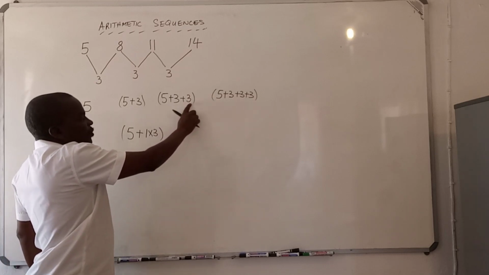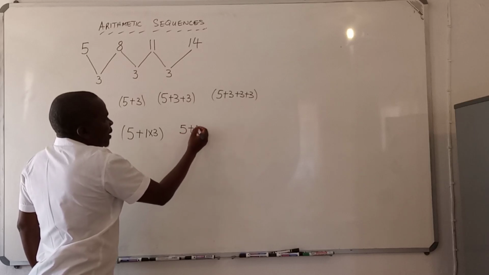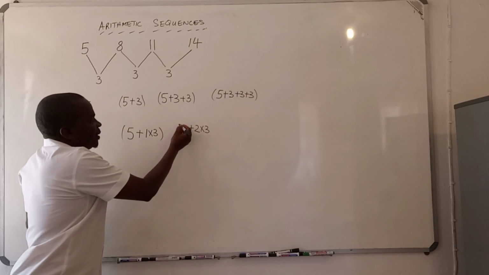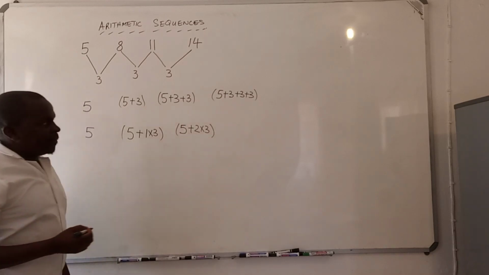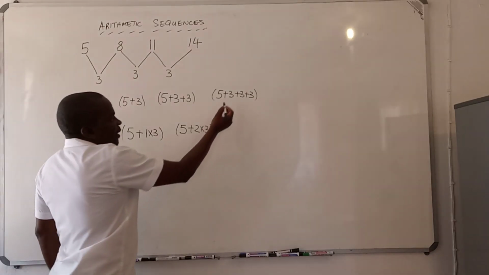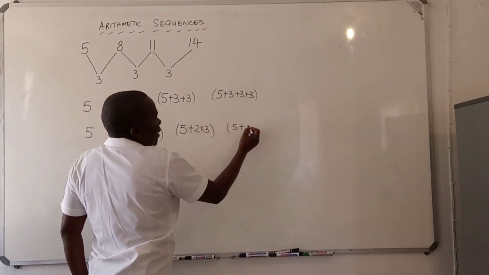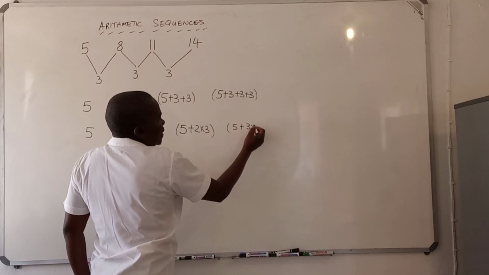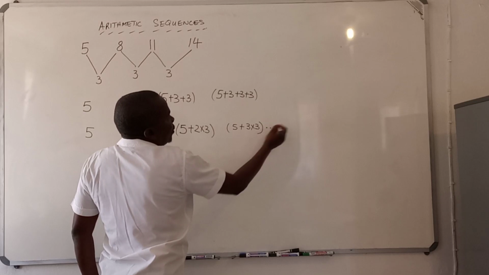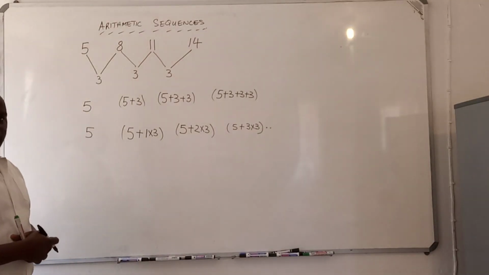There are 1, 2. So I'm going to write this as 5 plus 2 times 3. This is our third term. And then the fourth term, we've got 3 3s. So it's going to be 5 plus 3 times 3. So this will go on and on, okay, up to the nth term.